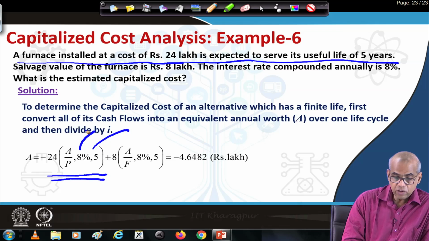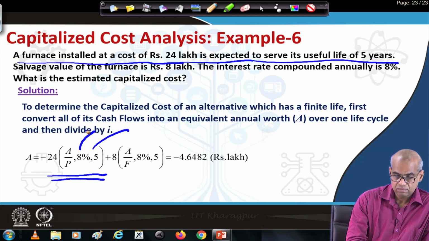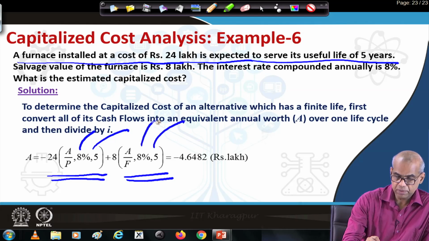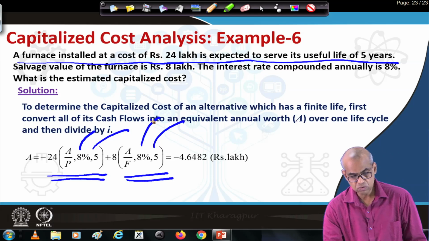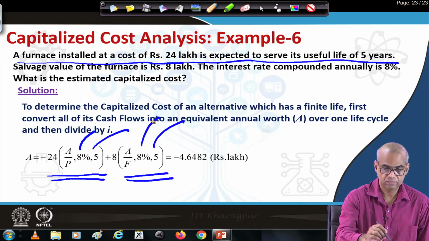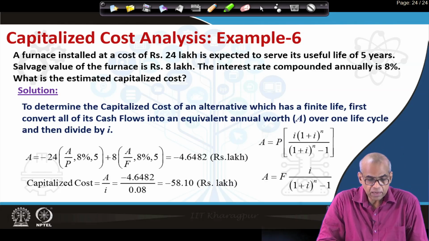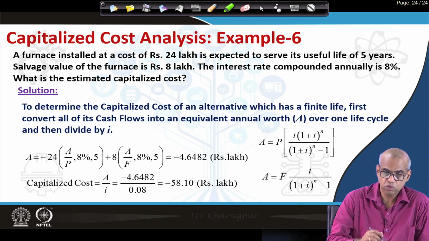This is a negative cash flow, but then the salvage value of the furnace is 8 lakhs. That is a benefit, a positive cash flow, but you also have to find the A value, 5 years, 8% interest. So, this gives you 4.6482 lakh. Now, the capitalized cost will be A by I. So, divide this quantity by 0.08 and then you get 58.10 lakh as the capitalized cost of the furnace.